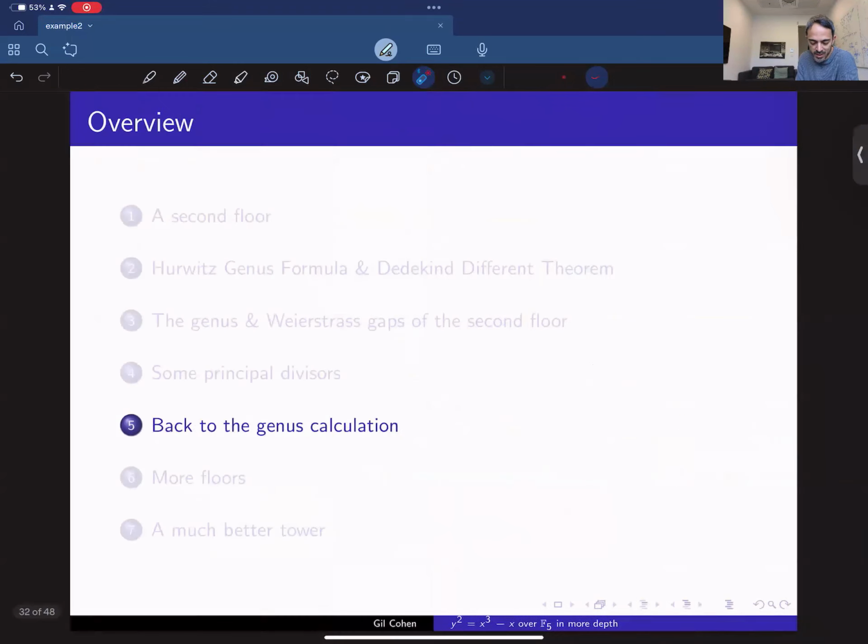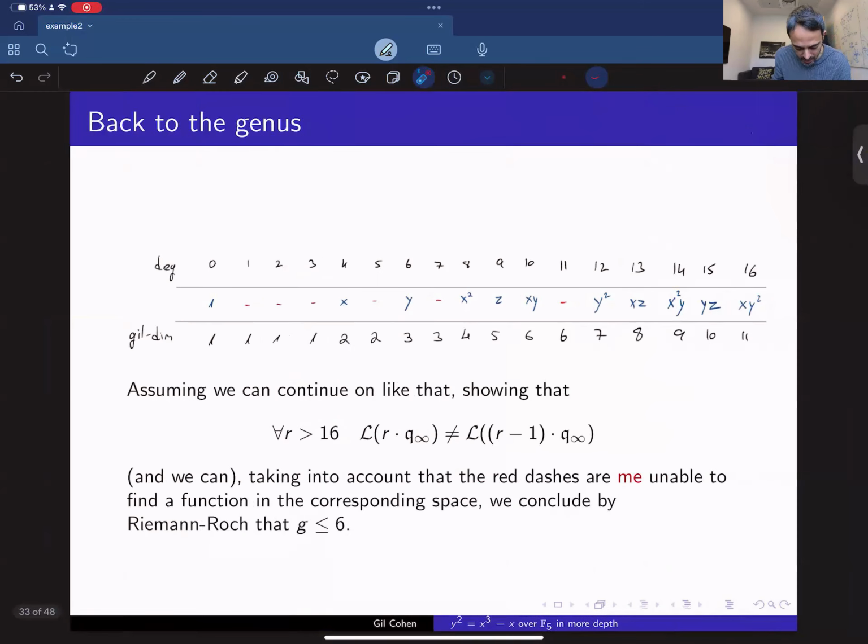And it's not just nice to see that, because it enables us to compute the genus. Because if you trust me, then it's easy to verify that you can continue populating the Riemann-Roch spaces with a new function every time you increase R from this point onwards.